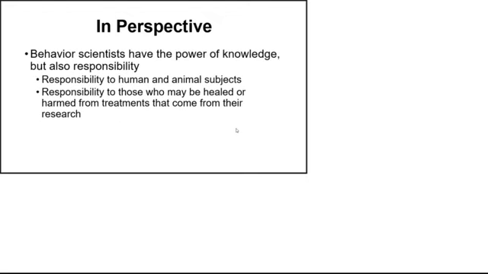And then with our discussion on ethics, we have lots and lots of knowledge, but we also have to keep in mind our responsibility as ethical researchers. The responsibility that we have when working with humans and non-human animals. We have responsibility to people who might be helped or harmed by looking at some of these techniques. But we also have to accept that for a lot of these things, there is no right answer.